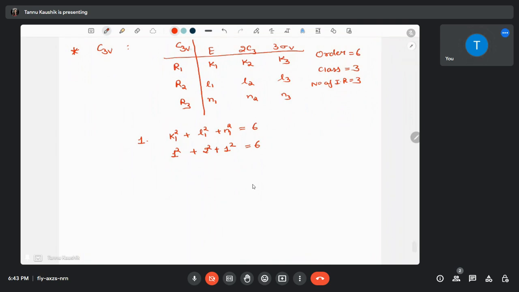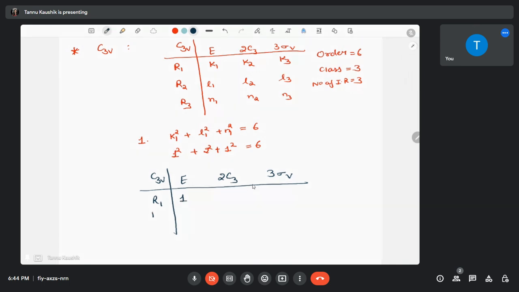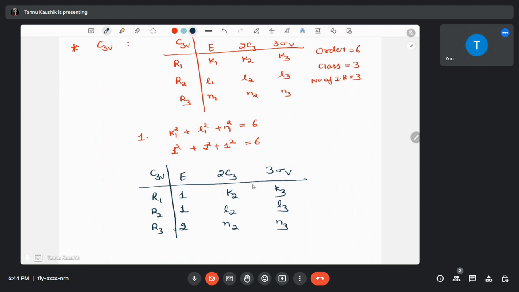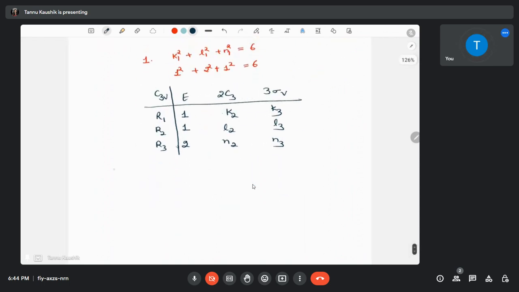So the point group table will become E, 2C3, 3 sigma v, R1. I'm putting it like this; any of them can be considered. K2, K3, L2, L3, N2, N3.